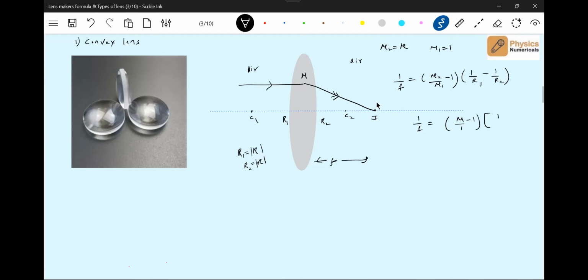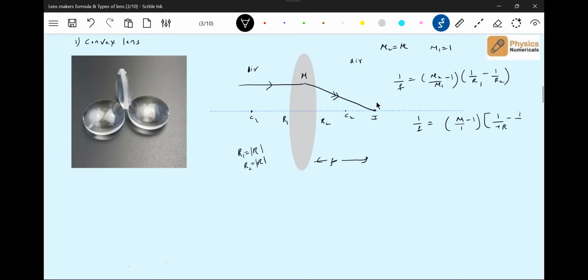So substitute now with sign. R1 will be plus R. What about R2? R2 will be negative, because R1 you measure in the direction of the incident ray, whereas R2 you measure opposite to the incident ray.